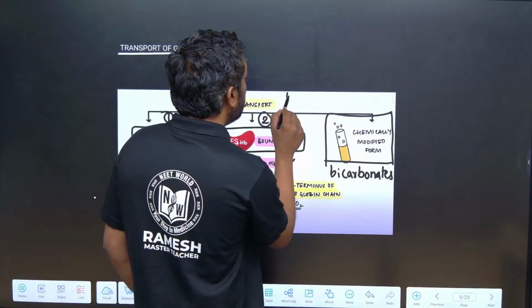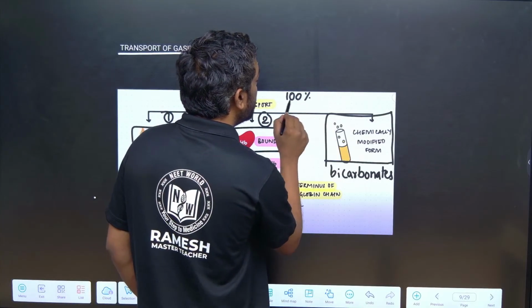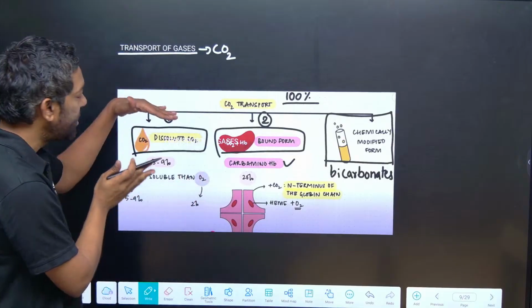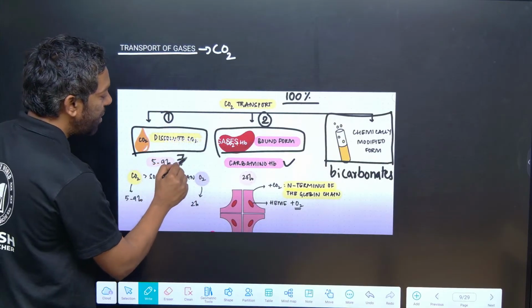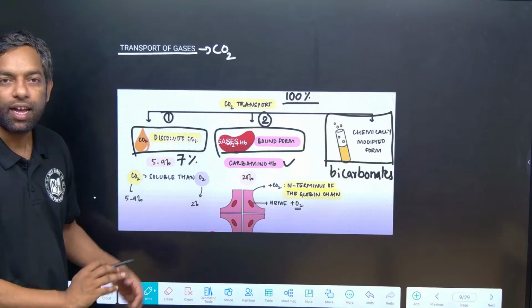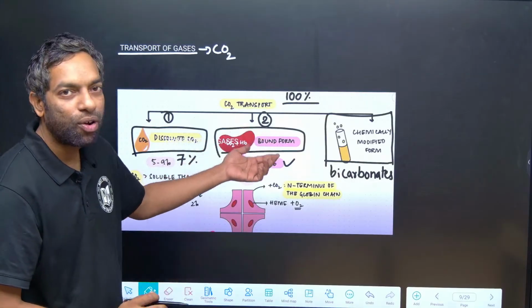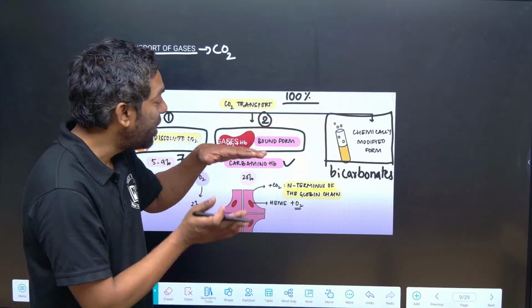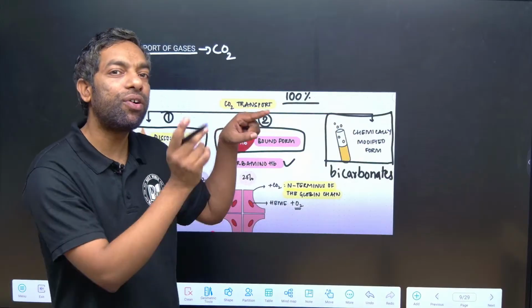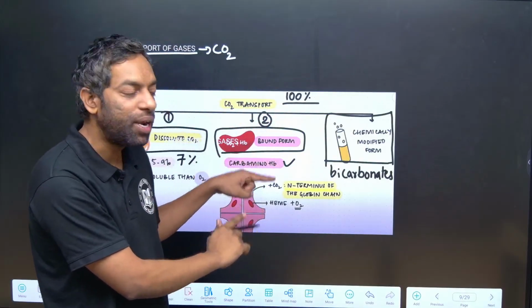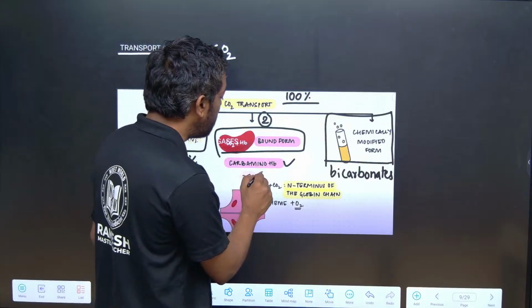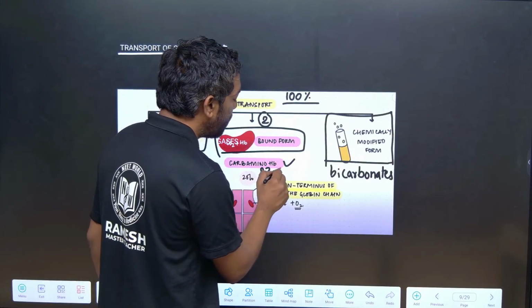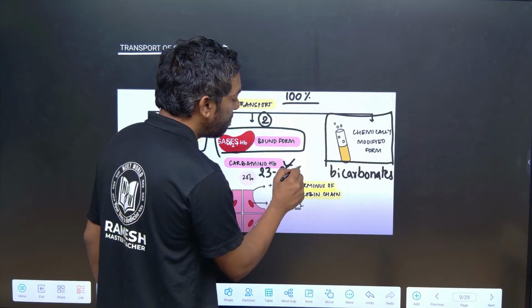If it is 100%, CO₂ can be transported as follows. The dissolved form is 7%. Carbaminohemoglobin, CO₂ directly bonding with the hemoglobin, transports about 23 to 25%.